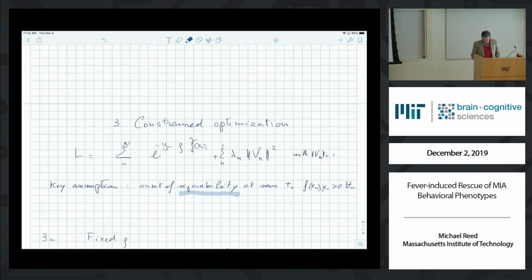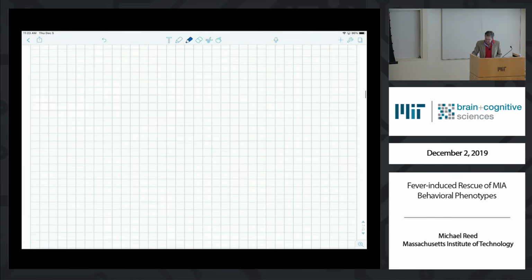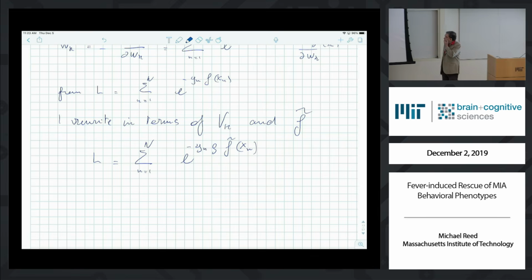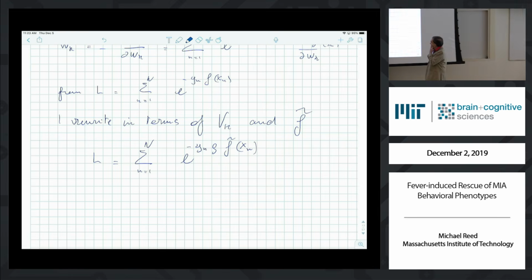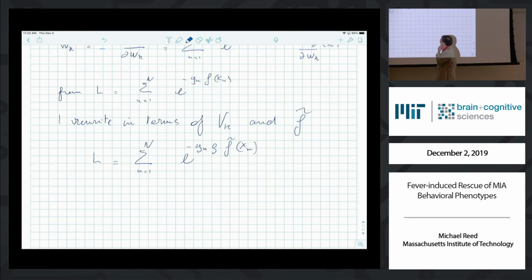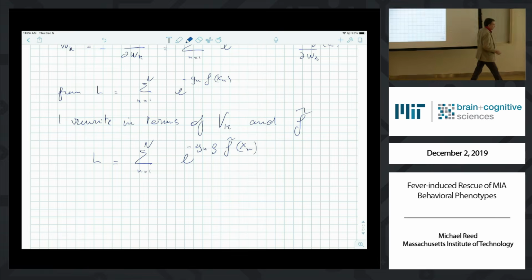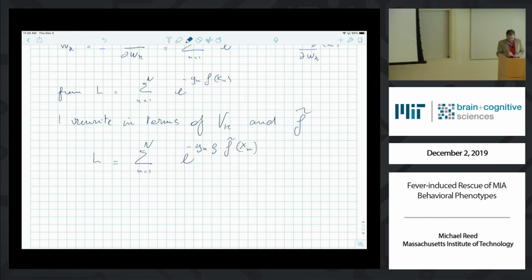Now, you can, for instance, say, suppose I want to minimize L with respect to V and rho, because I essentially change variables from W to rho and V. I'm doing this just to show one thing.